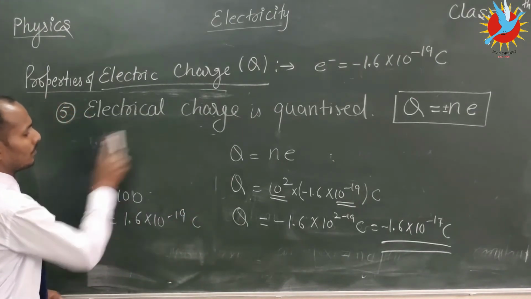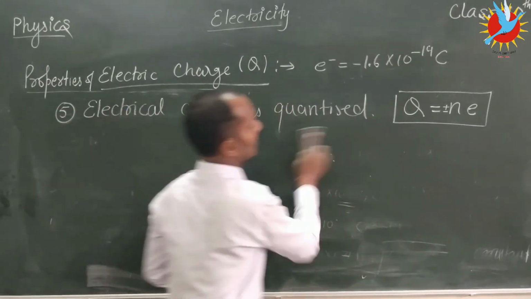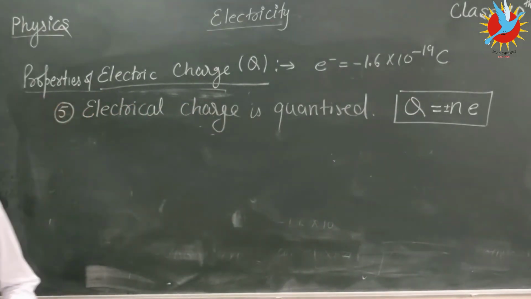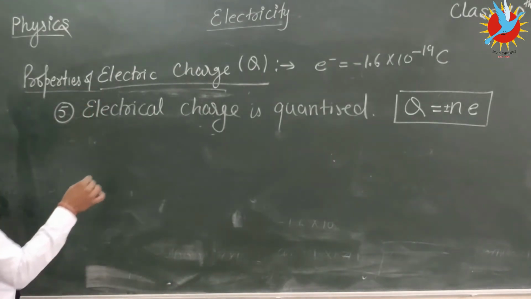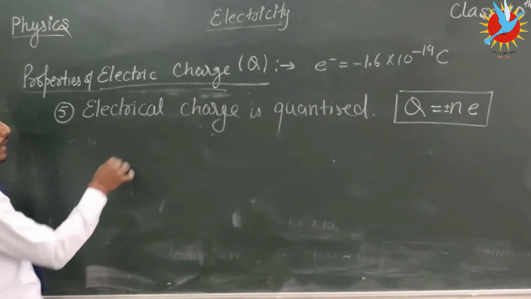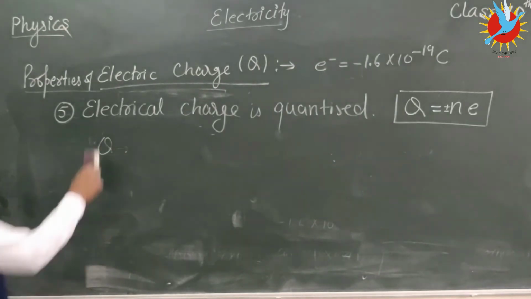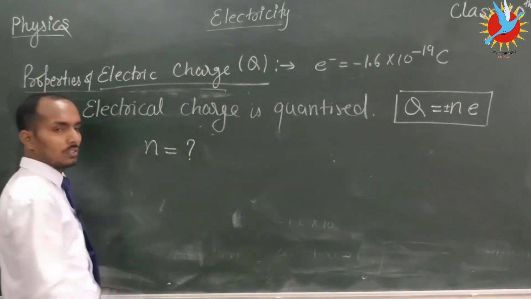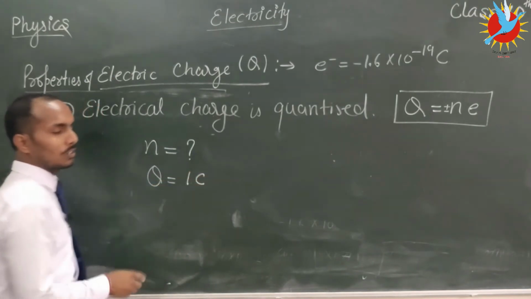Now take another question. Suppose the question is: how many electrons are required to develop 1 coulomb charge on a body?